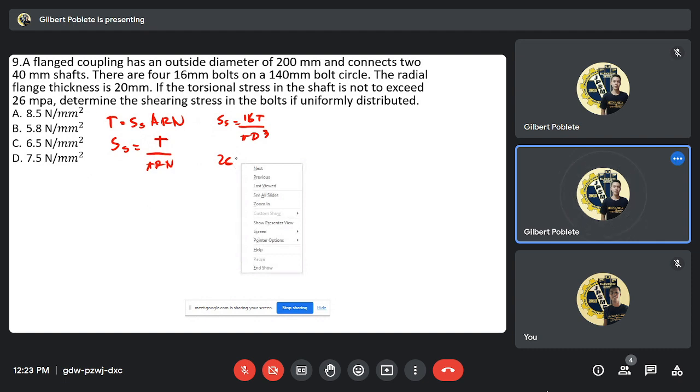Yan na natin, Newton millimeter squared na siya, yung unit ng Pascal. So, 16T over pi, tapos yung diameter naman natin ng shaft is 40 millimeter. Pero may makukuha tayong torque yan. 26.